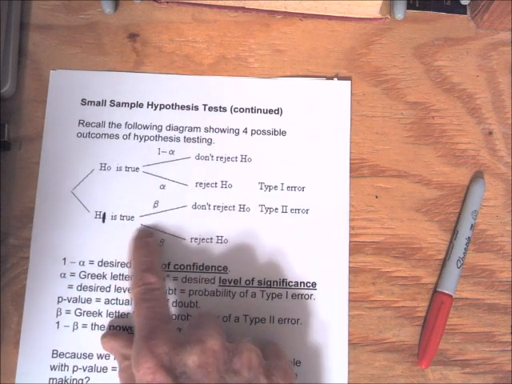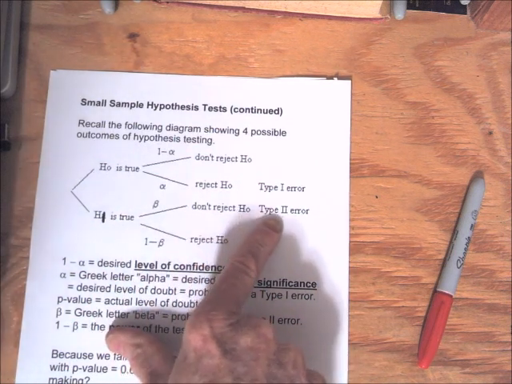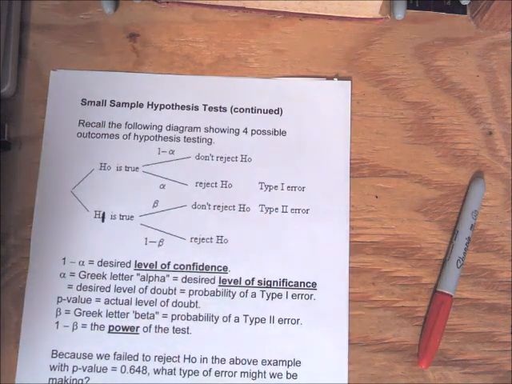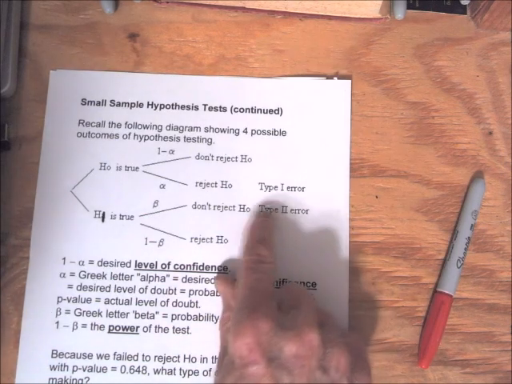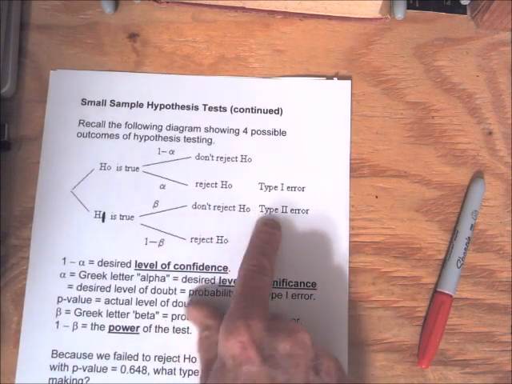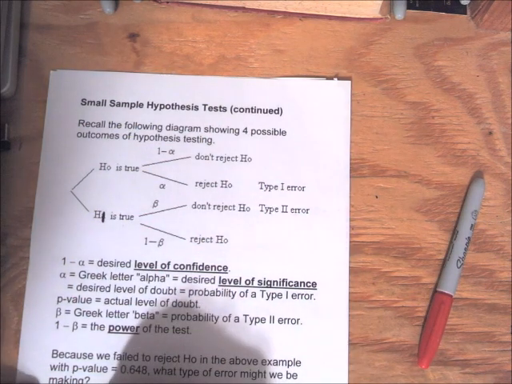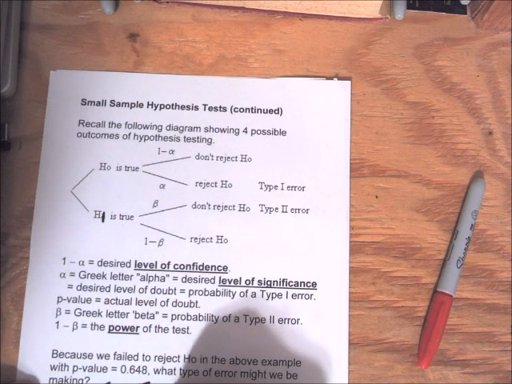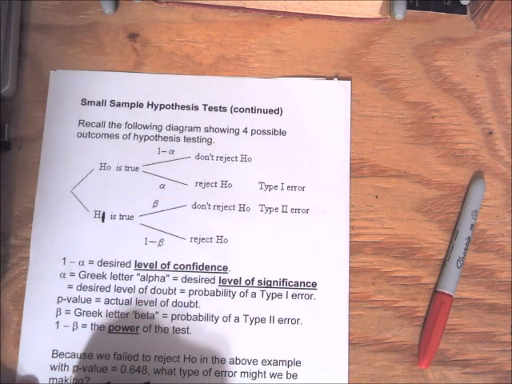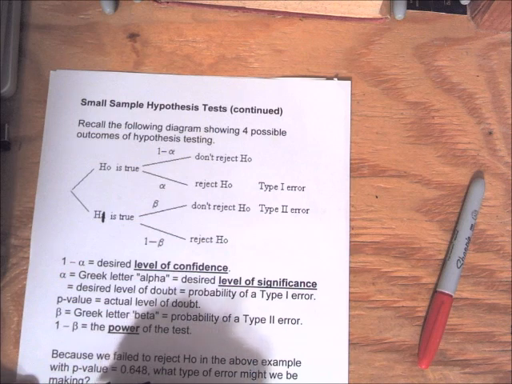If H1 is true and we don't reject H0, that's called a type 2 error. So either way, you take a chance of making some type of error. In this case, we failed to reject H0, so we took a chance of making a type 2 error. We might have made a type 2 error.